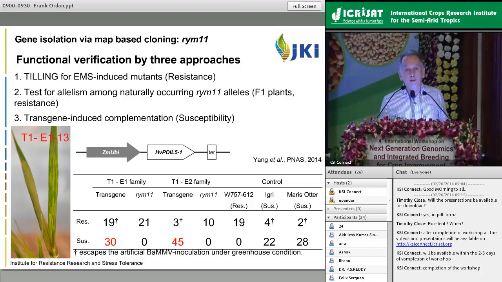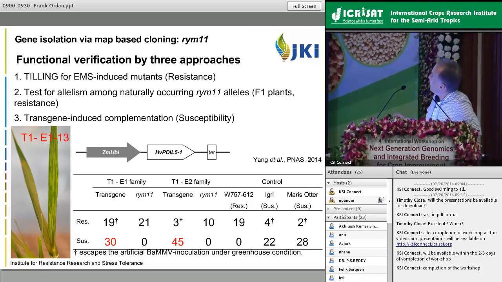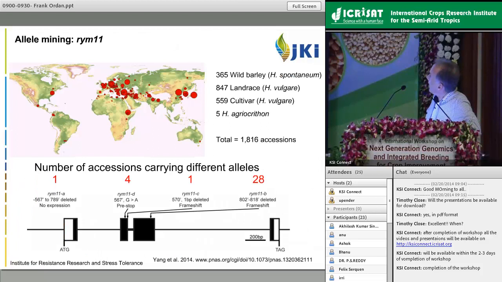So once you have these genes identified, you can efficiently conduct allele mining in large gene bank collections, and Ping analyzed around 1,800 accessions. By this he identified 4 different naturally occurring alleles of this protein disulfide isomerase, and all of the alleles code for non-functional variants of this gene.